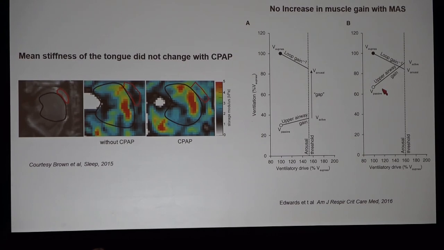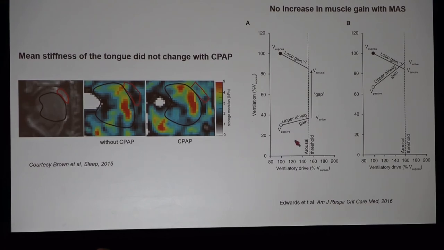There's no effect on the upper airway gain because it only decreases the respiratory load on the muscle so that it can react with the muscle recruitment it has. So by these conventional treatments we can change the loop gain, but not the muscle gain.